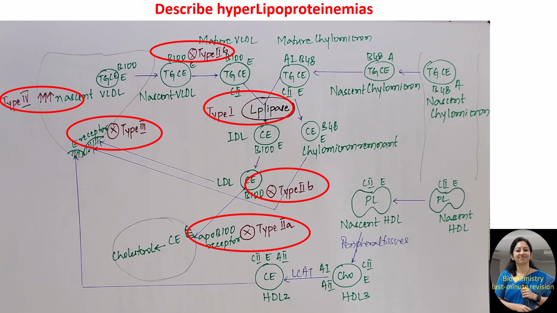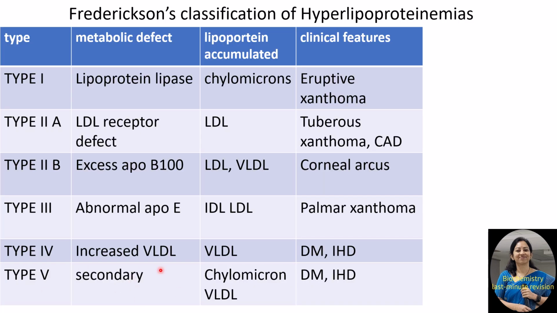Type 4 is characterized by increased production of VLDL inside the hepatocytes. Okay, so this is type 4, and we have one more variety, that is type 5. Type 5 always occurs secondary to some other disorders, mainly seen in metabolic syndrome, diabetes mellitus, characterized by abnormally high lipoprotein. Sorry, and type 5 is always secondary.